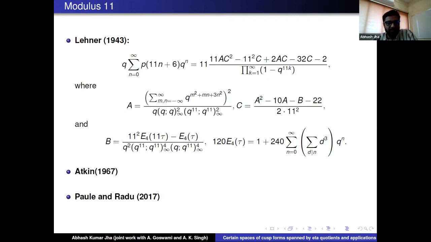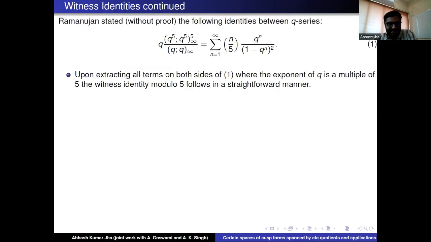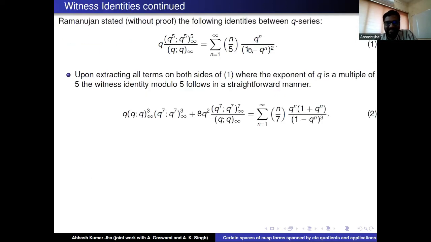Also, the theory of modular functions is involved, but explicitly we used this idea of Ramanujan to express certain Eisenstein series in terms of some nice modular form, which is an eta quotient. In this case it is one dimensional, so there is only one eta quotient here, but in the 7 case there are 2.